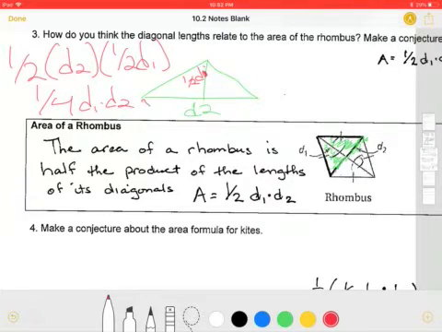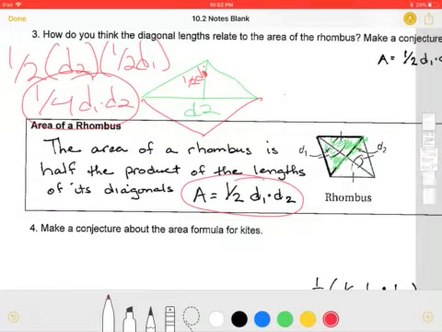But remember, you have that other part. So that's why we end up saying that collectively the area is 1/2 D1 times D2, where D1 is the diagonal and D2 is the other diagonal. So that's something to think about, that the top portion's a quarter D1 times D2 up here, and then the other portion's the other quarter, D1 times D2.